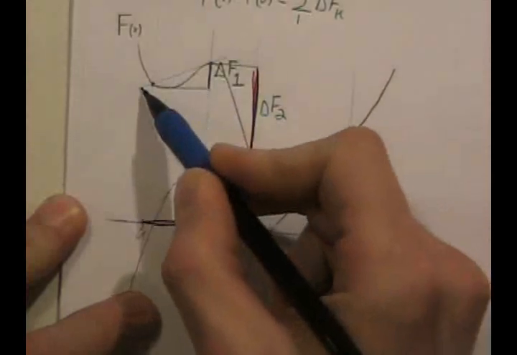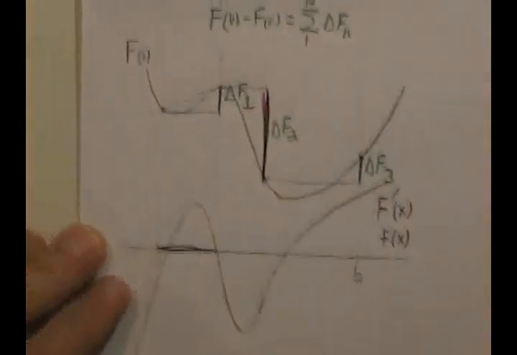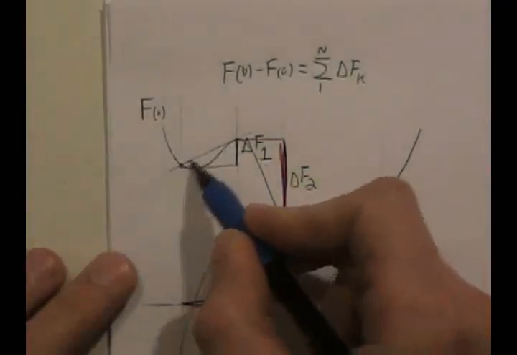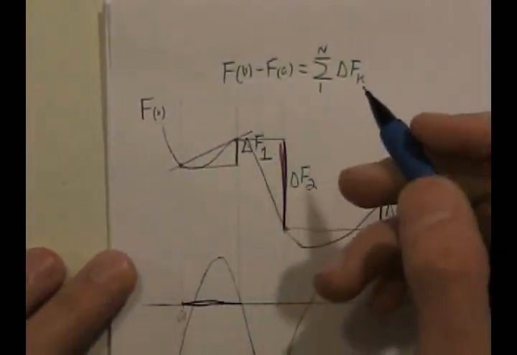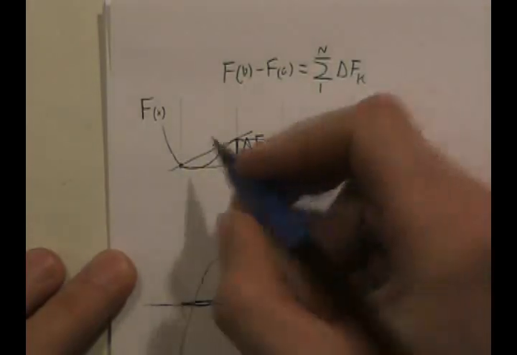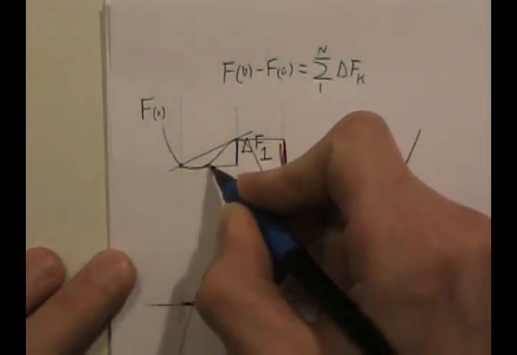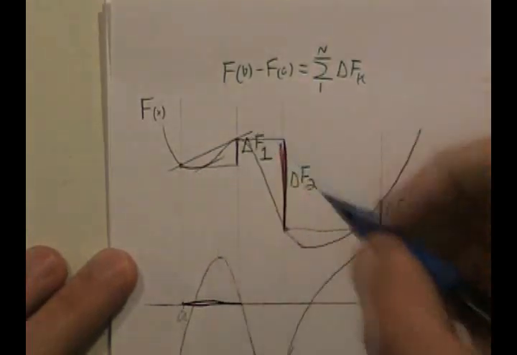So in this case, if here's a, can we see that? Yeah. The magic value x1 star looks like it'll occur right about here, where the slope of the tangent is parallel.